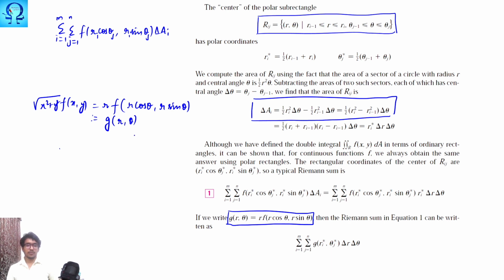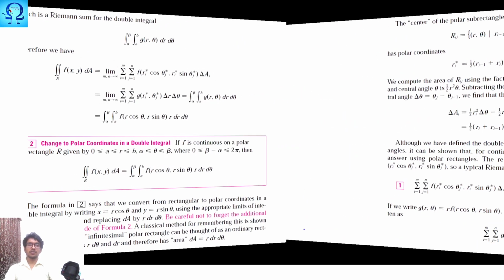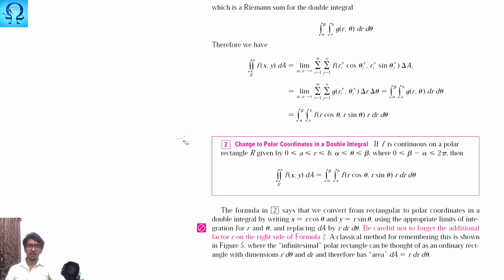We have converted our Riemann sum like this, and when you make m and n approach infinity, the summation becomes an integral, and that is what is given here.